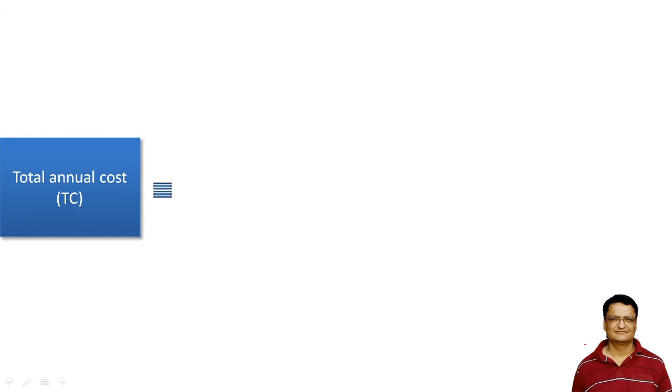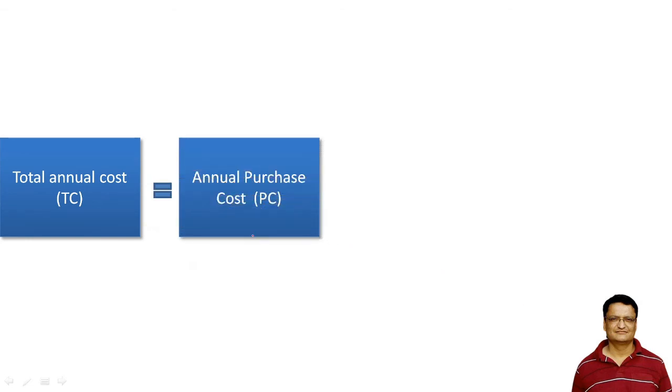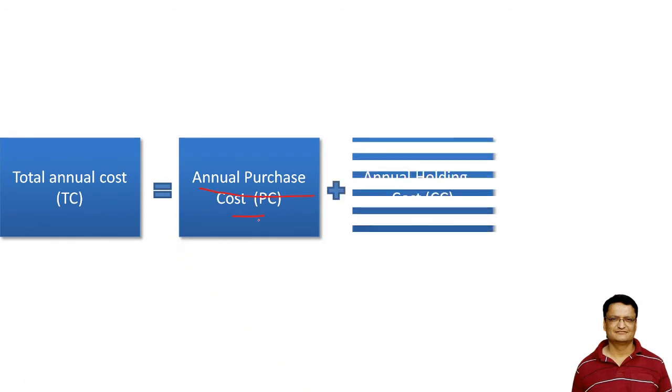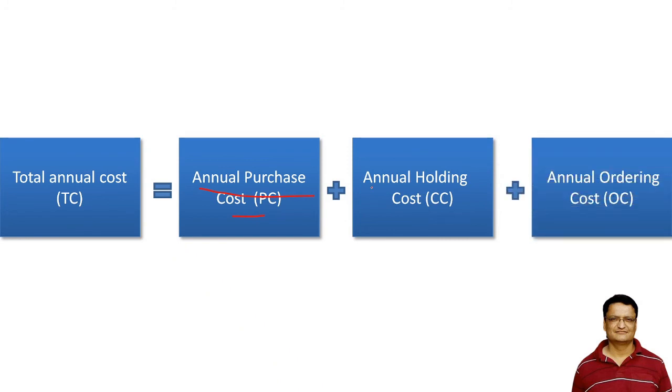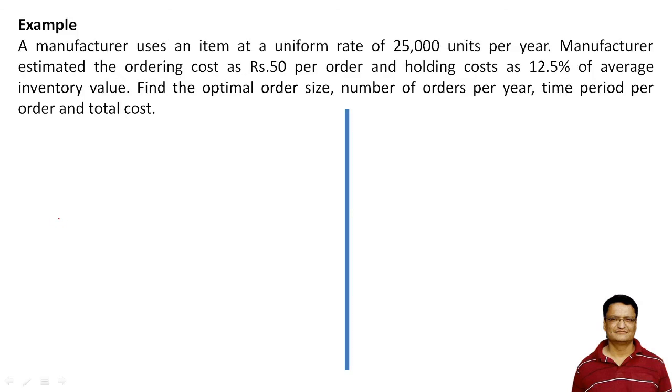Then what will be the total annual cost which we want to actually minimize? So total annual cost will be given by the annual purchase cost plus annual holding cost plus annual ordering cost. So we want such a number of atoms to be procured at a time so that I will have a minimum total annual cost.